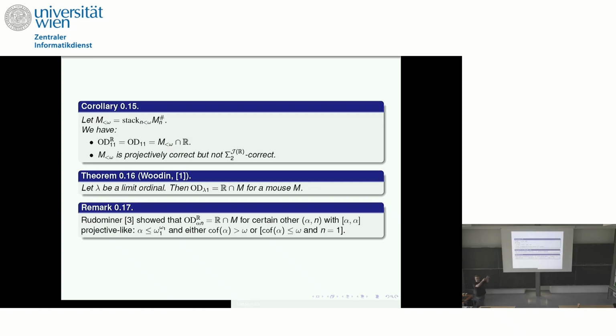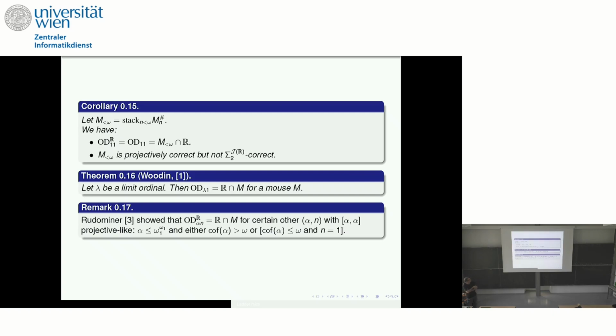You take all the reals in the Mn sharps and put them together. You can consider it as a mouse by extending them, because they extend one another. And that's a mouse, and it satisfies V equals everything is countable. Its reals are just definable. It's projectively correct, but not correct about sigma 2 over JR statements.